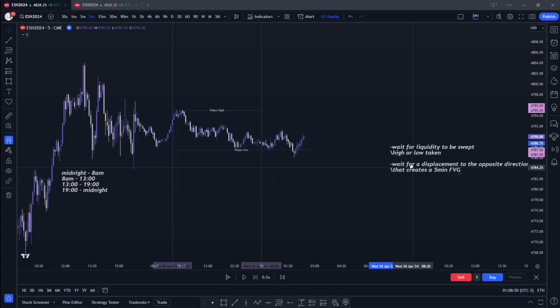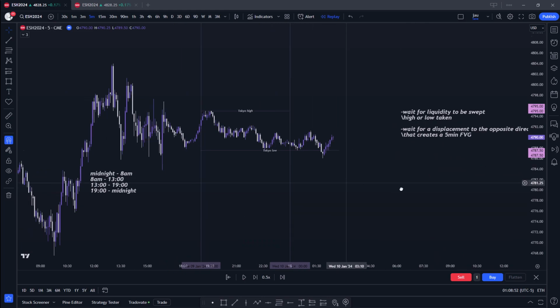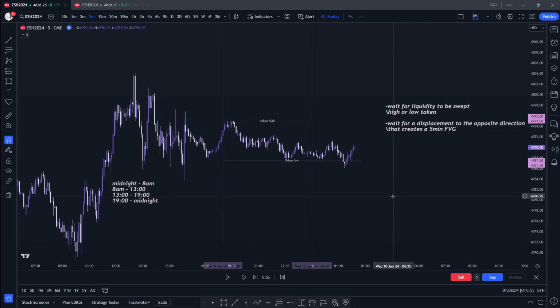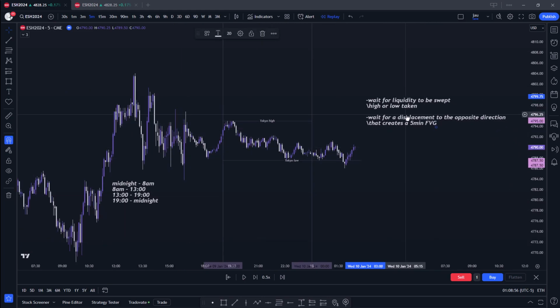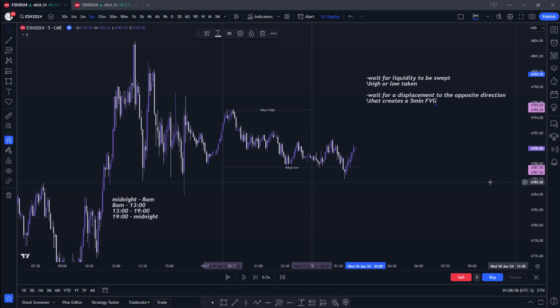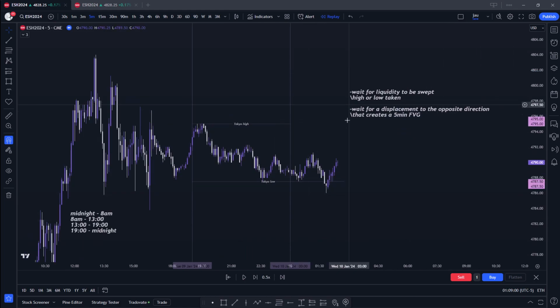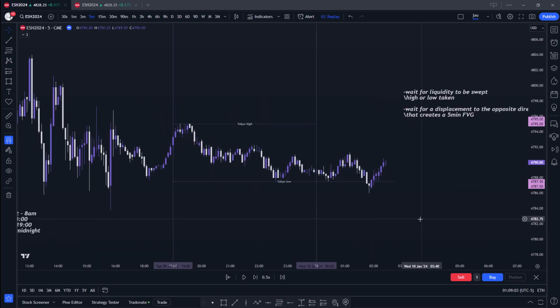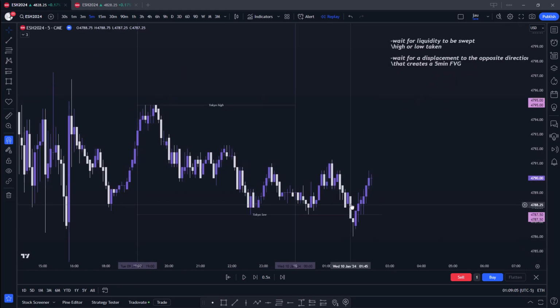So in this case, we are essentially looking for a displacement, which is just an impulsive move in one direction. A quick move in one direction. For example, looking at this portion, we can see there was a quick move to the sell side to sweep Asia session low.